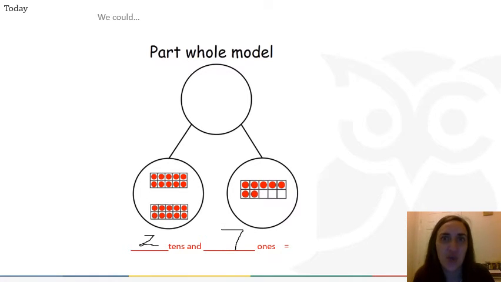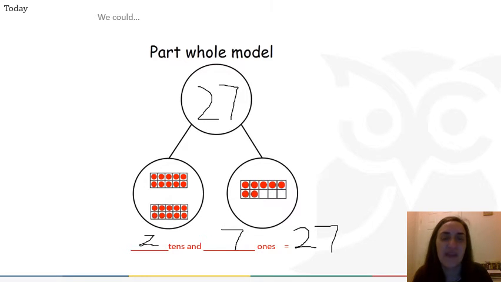So 2 tens in one part and 7 ones in the other part. How many are there altogether? What is the whole? 10, 20, 21, 22, 23, 24, 25, 26, 27. Amazing.